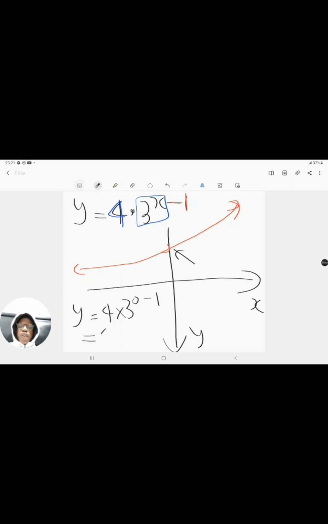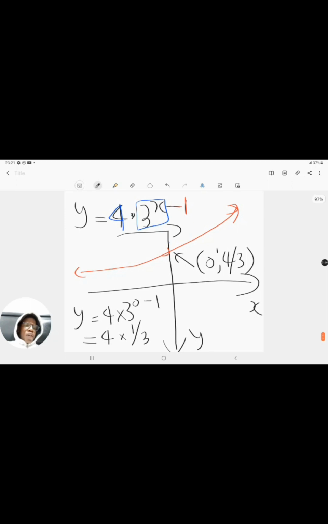That's going to be 4 times 1 over 3, essentially, so that's 4 over 3. So your intercept there is going to be 4 over 3. This is how you would solve this: you move from left to right and you implement each one of the variations and then you solve.